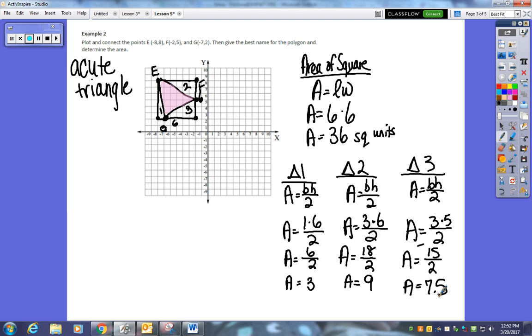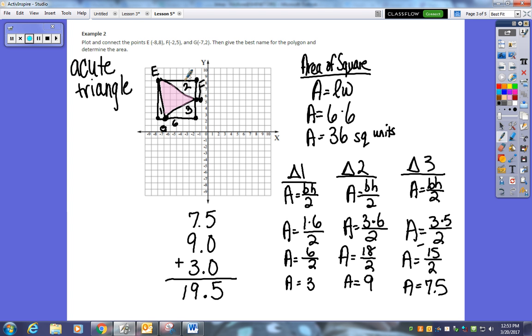So now my suggestion would be to first add the areas of the triangles together and then subtract from the square. So we've got 7.5, 9, which I'm going to change to 9.0, and 3, which I'll change to 3.0. Add them together to get 19.5 for the area of the 3 triangles.